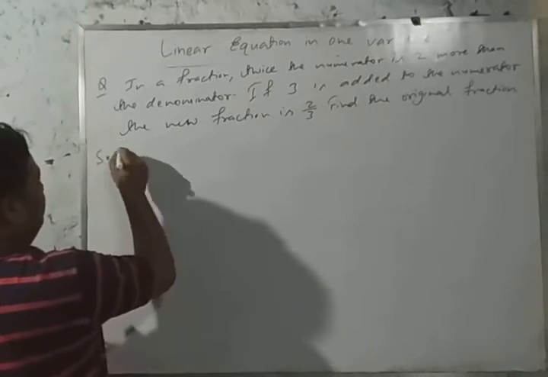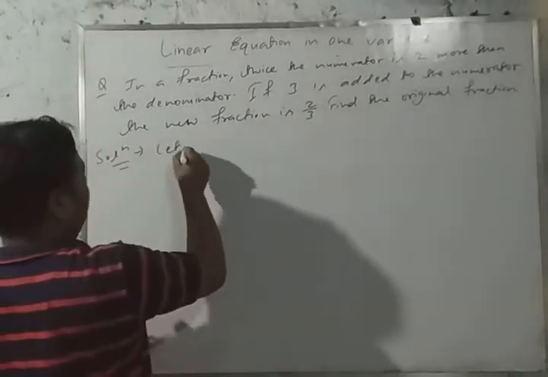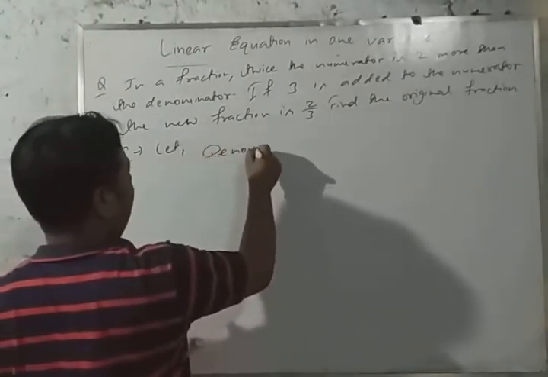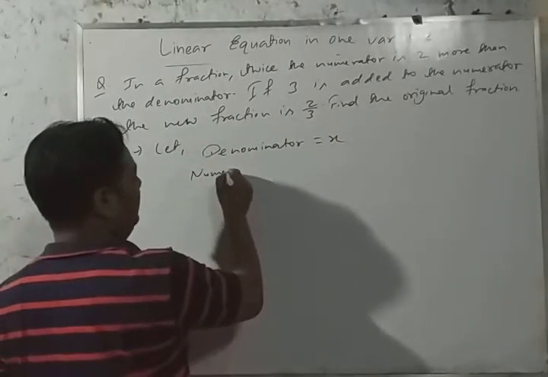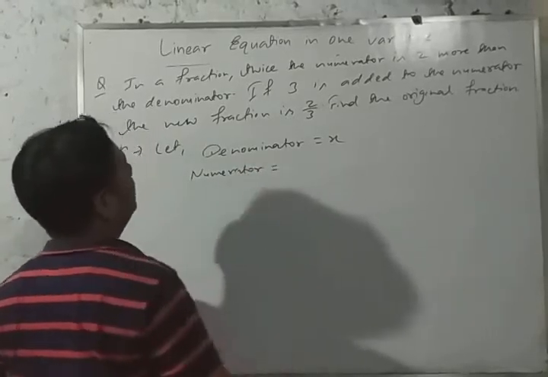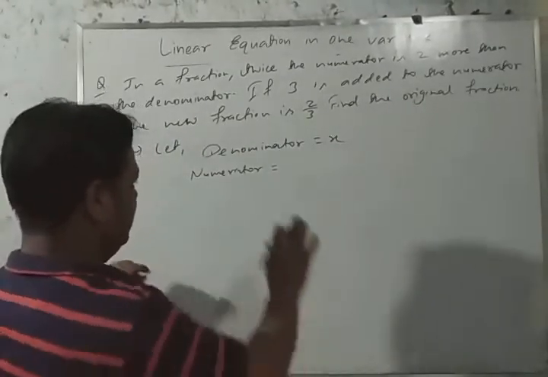So let the denominator be equal to x. Then what will the numerator be? Let's see, what is given? Twice the numerator.